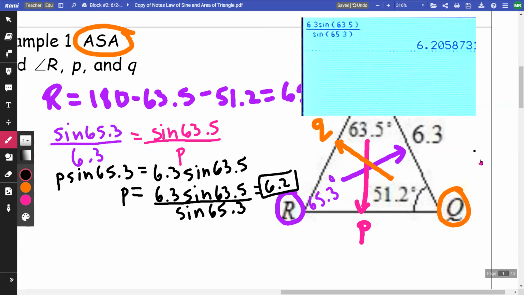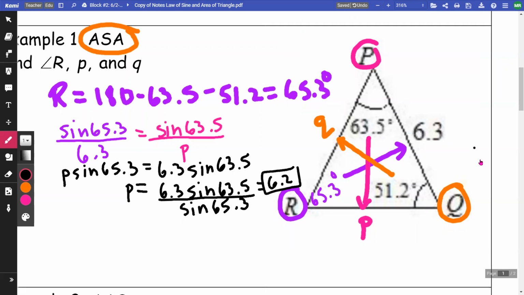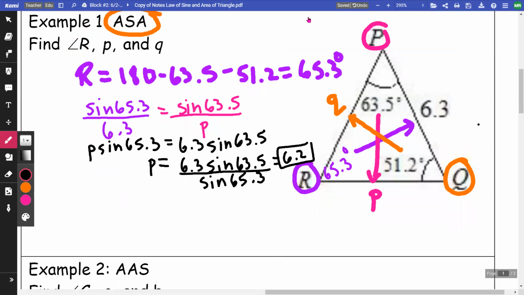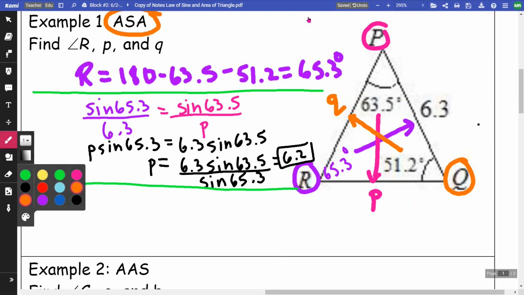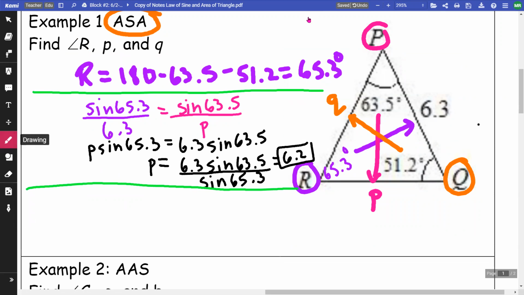So let me set that one up. Okay. So here, I'm just going to do this. So this was me trying to find my R. This was me trying to find my little p. Now I'm going to find little q. Okay. So I'm going to start with what I know again.